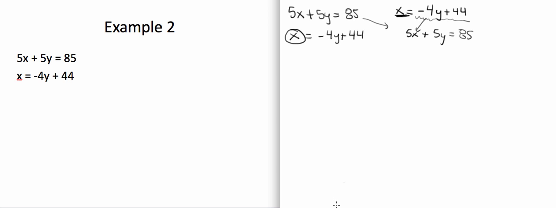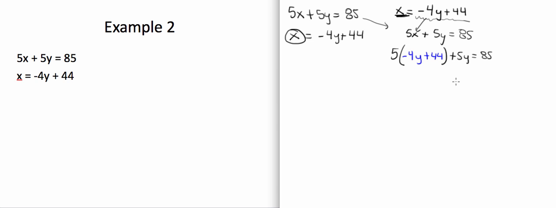The only thing that changes is the x. We write out our 5 because it's right before the x. We have 5 times negative 4y plus 44, and then plus 5y, and that's equal to 85.